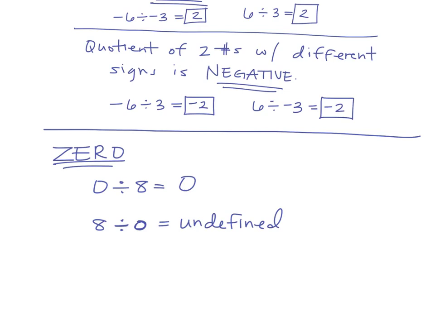Try plugging 8 divided by 0 into your calculator right now. Grab your calculator out, plug in 8 divided by 0. What do you get? Divide by 0 error.